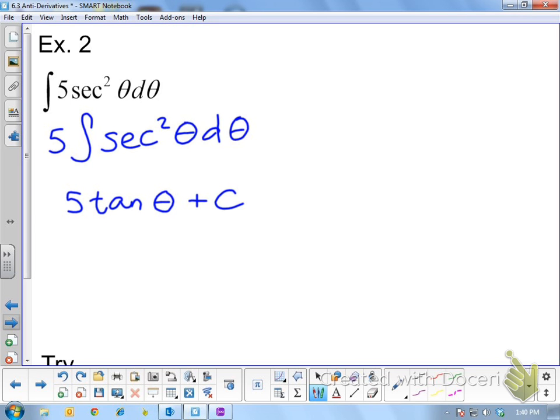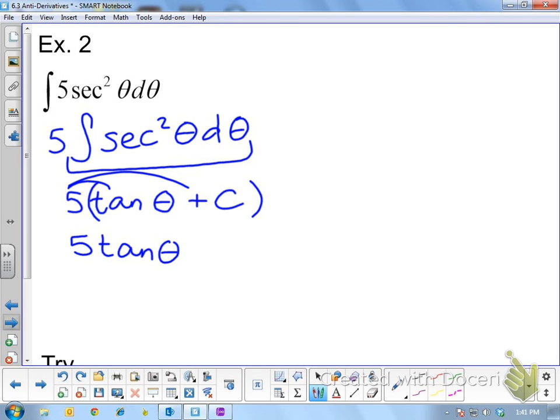plus c. Why don't I have to put tangent theta plus c in parentheses? Why don't I write it like this? Well, this whole thing is tangent theta plus c. But what happens when we distribute 5 in? What's 5 times a constant? 5c.